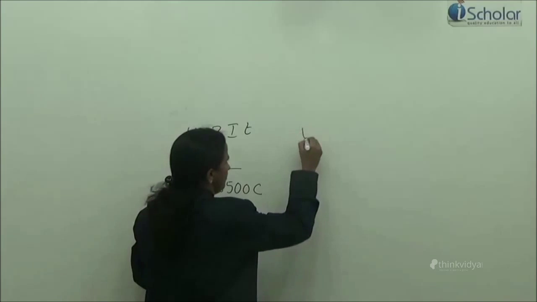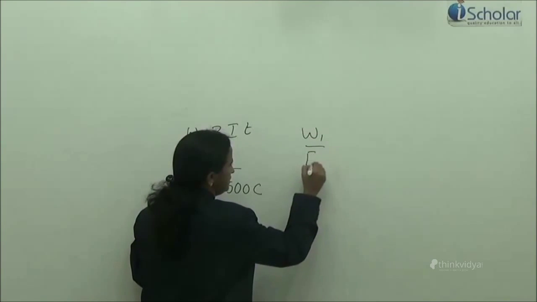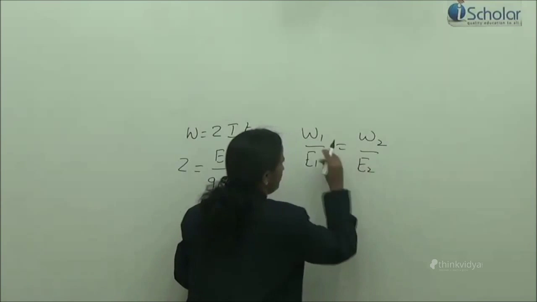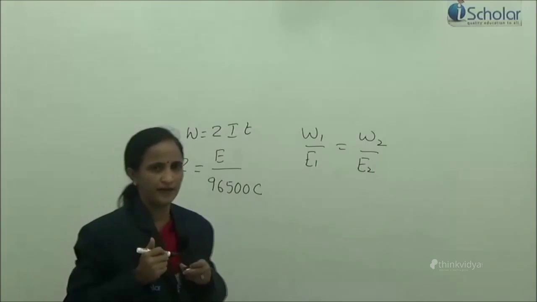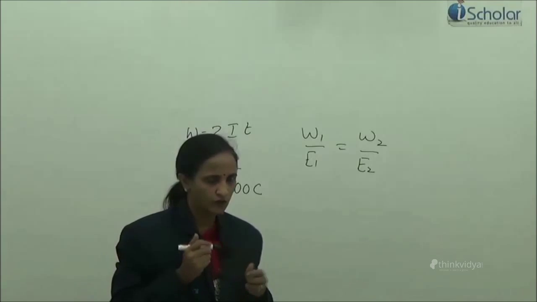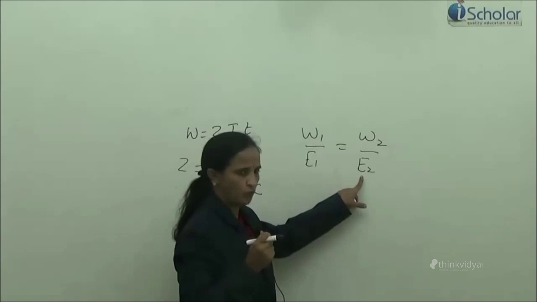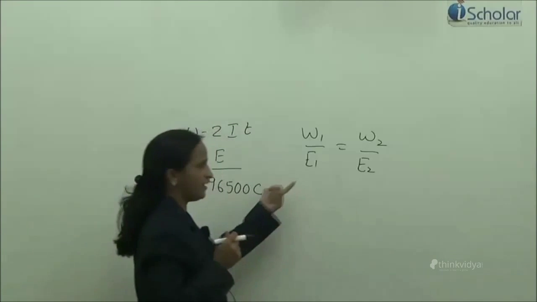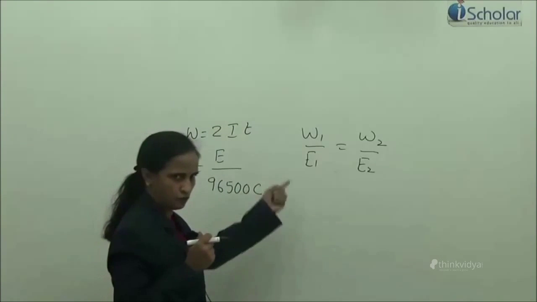That is W1/E1 = W2/E2, where W1 and W2 are the substances liberated or deposited at the electrodes, and E1 and E2 are the equivalent masses of the substances. Today we will mainly be concentrating on working problems on these two laws.